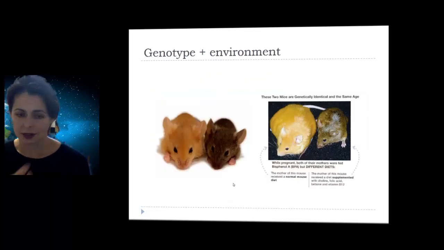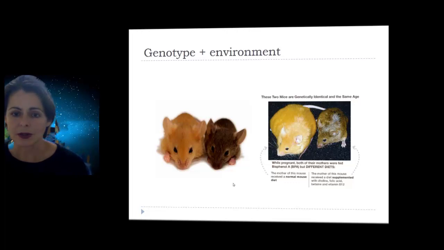The mice are always given as a nice visual example of epigenomics. These two mice were the two offspring of two different experiments. Their mothers were cloned, so genetically identical. One of the mothers was fed a diet that was high in bisphenol A, which is a toxin.